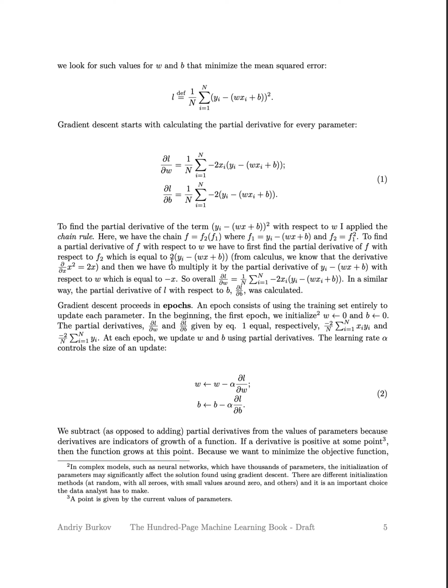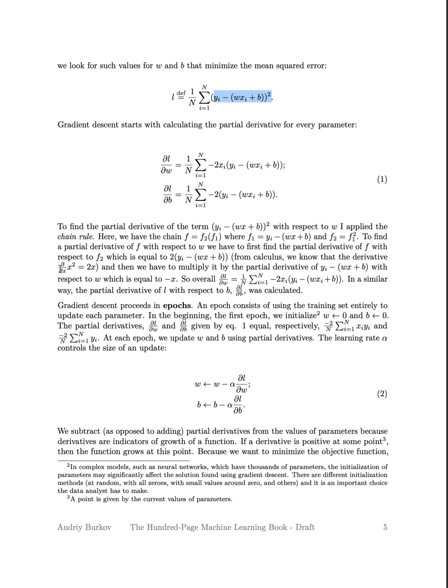So simply, what is the derivative of this? The derivative of this will be 2, and the stuff in the bracket remains the same. So the square turns into 2, and then yi minus wx plus b.